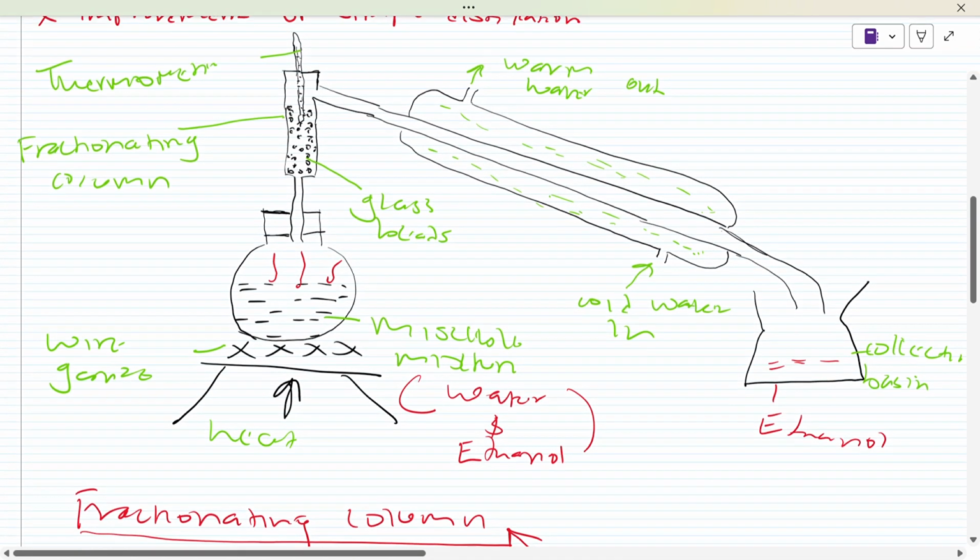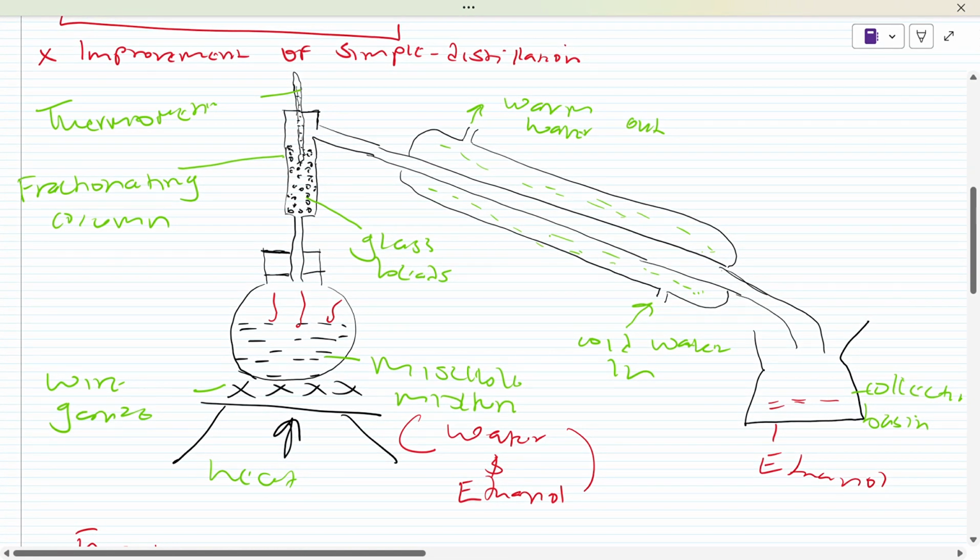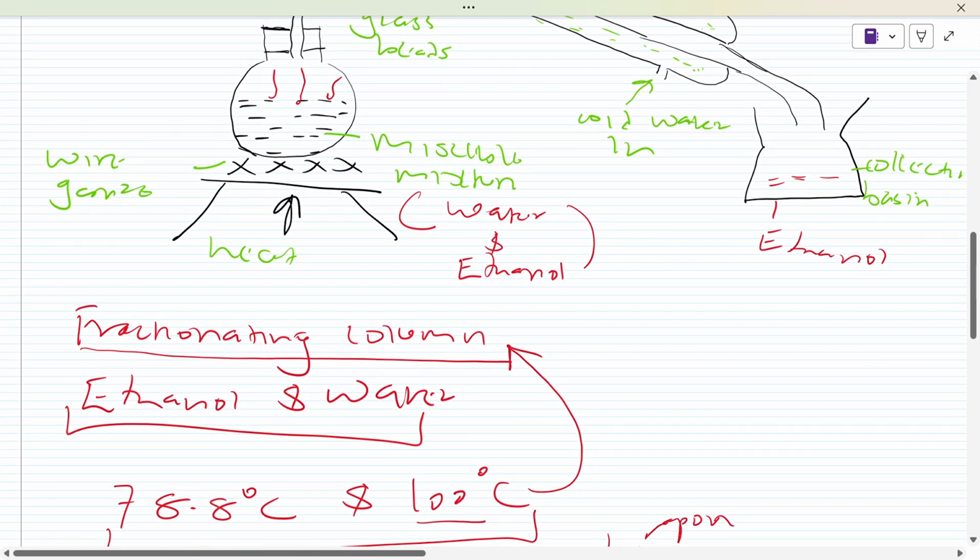I'll continue heating. As the temperature of the system rises, the thermometer reading will increase. But immediately it hits 78 degrees Celsius, I'm expecting some drops of ethanol to be collected, because it is ethanol that will be leaving the system.